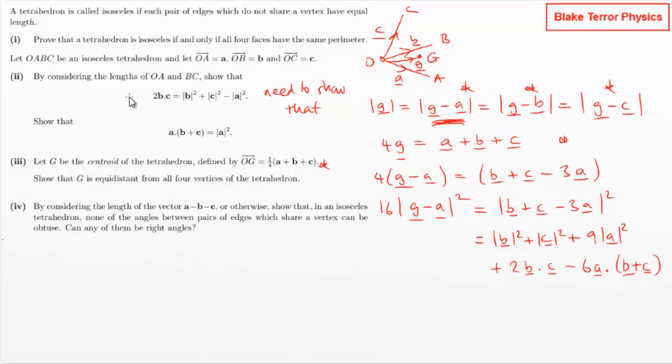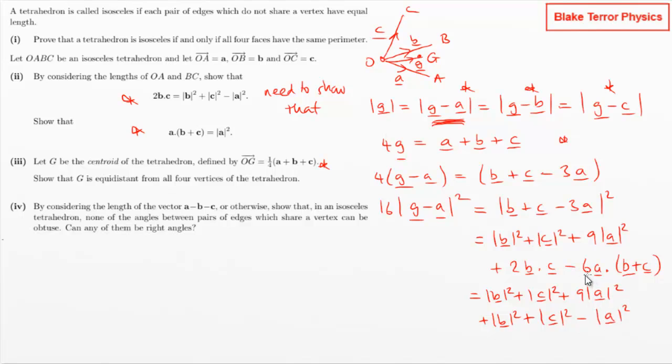I know I've got these things, and they've both cropped up in this, so that seems quite promising, doesn't it? So that is going to be mod B squared plus mod C squared plus 9 mod A squared, 2B dot C, so that's plus another mod B squared and another mod C squared minus mod A squared.